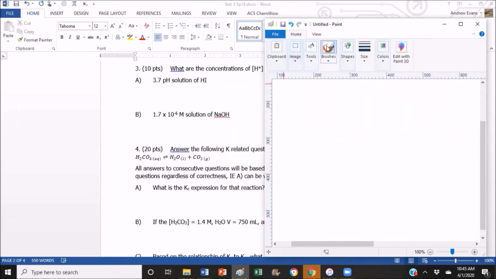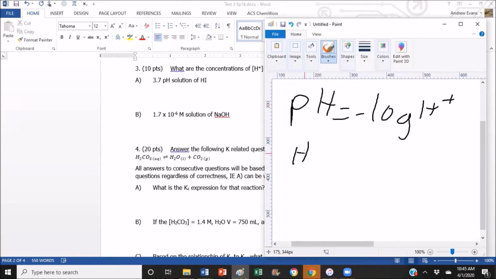So these are some equations that we expect you to know. If pH equals negative log of H plus, then H plus equals 10 to the power of negative pH. Now here's the weird thing.